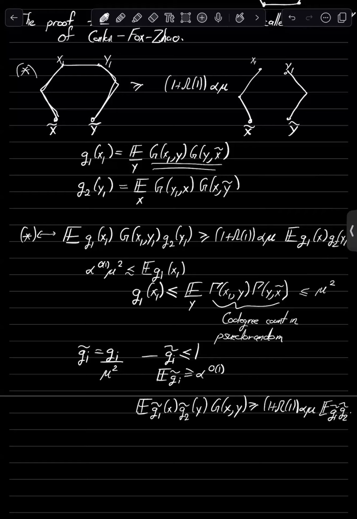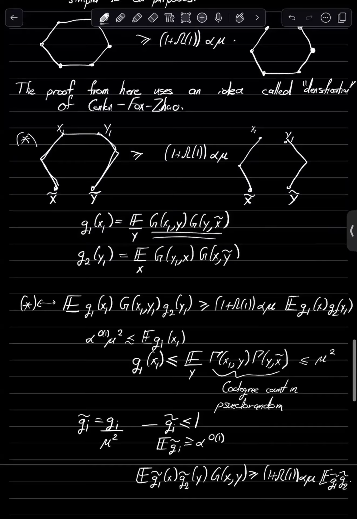Okay, so maybe let me step back and say what are we actually doing here? This seems like I did some manipulations and somehow it worked. What's actually happening at the heart of the matter is that normally when you have a graph inside some pseudo-random graph, the pseudo-random graph is not that nice. But once you take a codegree count or some larger count, then it acts like a regular object.